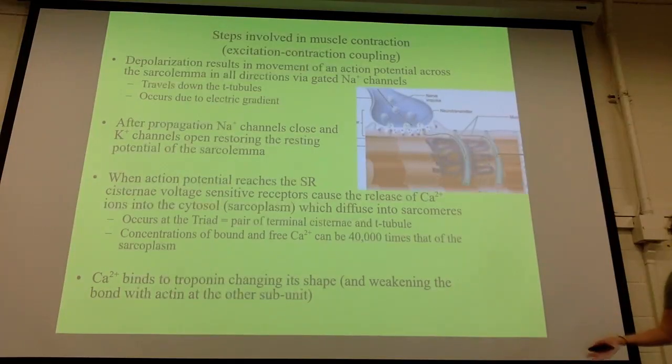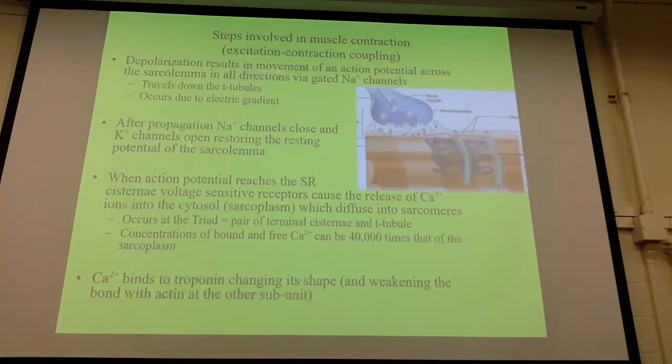After that part is done, those sodium channels are going to close, and the potassium channels open. And what that does is allows for that muscle fiber to regain its normal resting potential. So it's not super depolarized anymore. It's going to go back to its regular charge, its normal state.